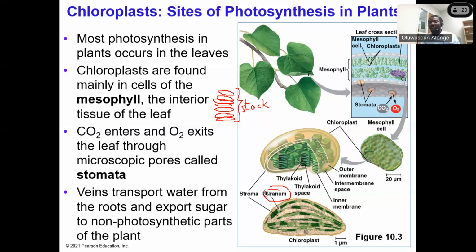And when you have more than one granum, it's called grana, because you have the plural, right? So this is a granum, this is another granum, and another, so there are a lot of grana there, but each disc itself is a thylakoid.